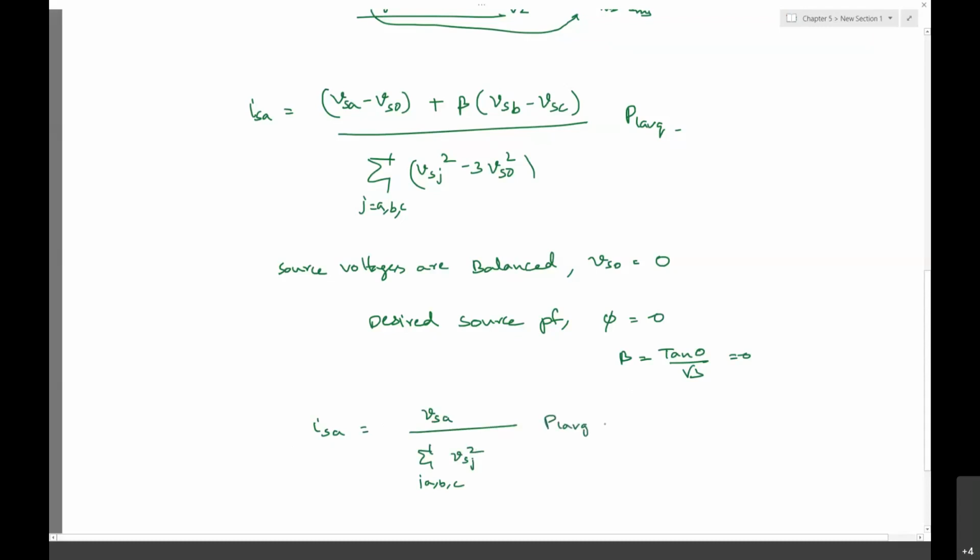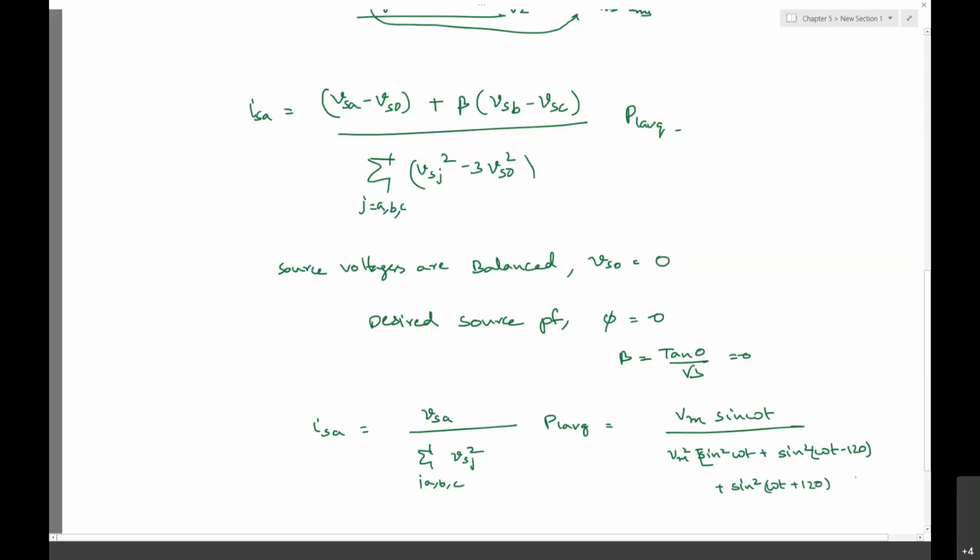This was the equation. Now VSA is Vm sine omega t, and the summation becomes Vm square sine square omega t plus sine square of omega t minus 120, plus sine square of omega t plus 120, after substituting the voltages of all the phases.